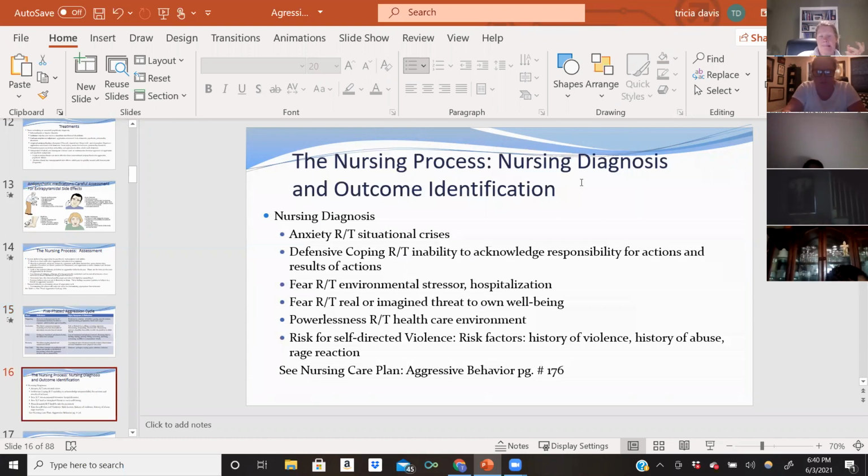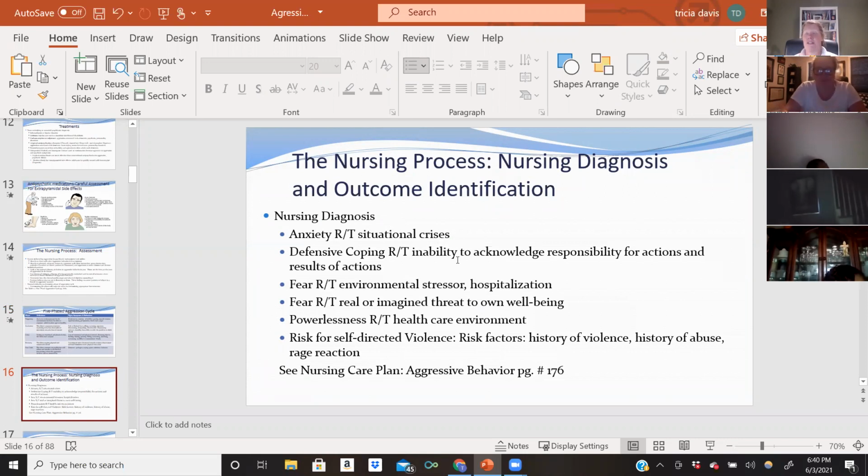So nursing diagnoses that we can see: anxiety related to situational crises. We can have defensive coping related to inability to acknowledge responsibility for their actions and the results of their actions. We could have fear related to an environmental stressor or just being hospitalized. Fear related to a real or imagined threat to their own well-being.